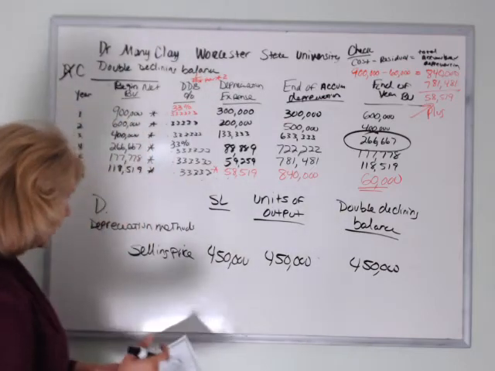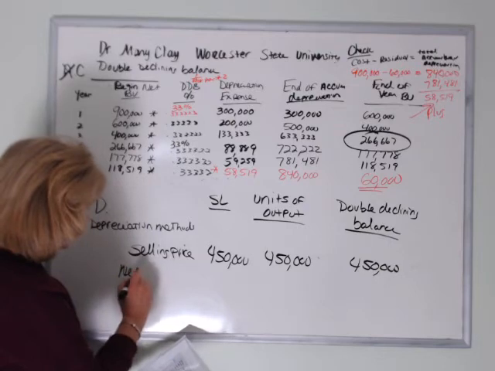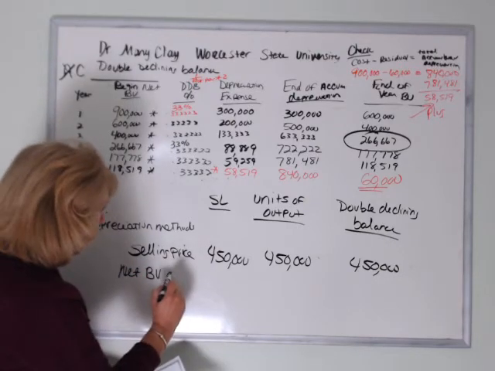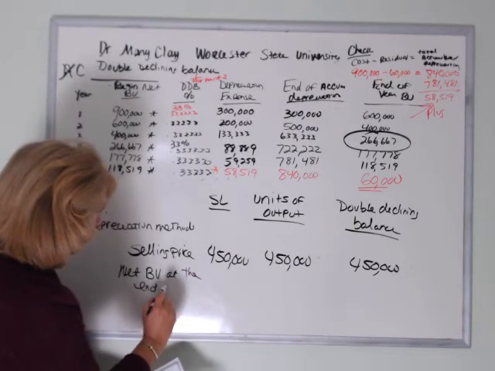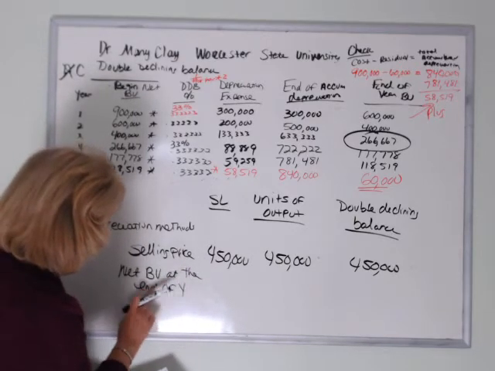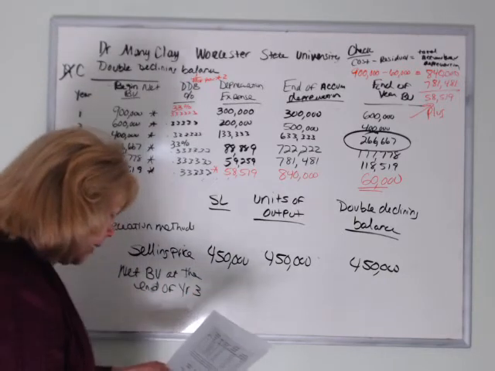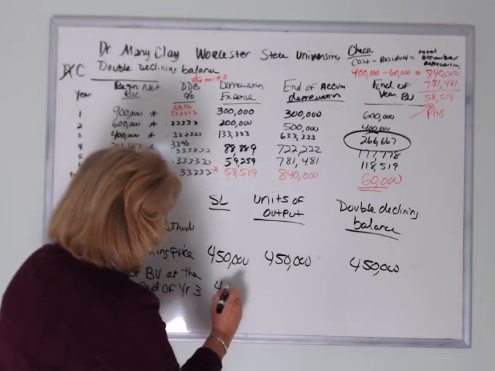Now here's where it's going to matter: the net book value at the end of year 3. For straight line, the end of year 3 was $480,000.